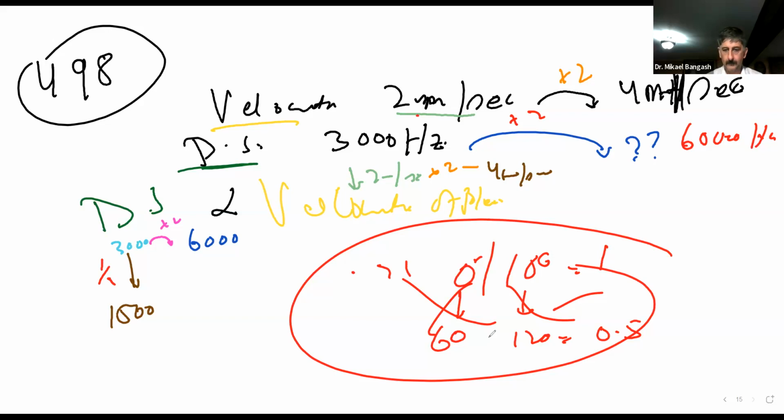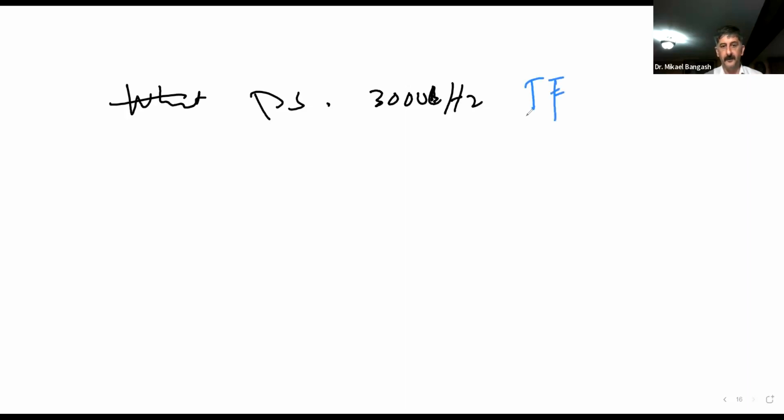But just remember, we can take the same and say, let's say we have a Doppler shift of 3,000 hertz. Clear? By a transducer, let's say, and you can put anything, with a transducer frequency of 10 megahertz.